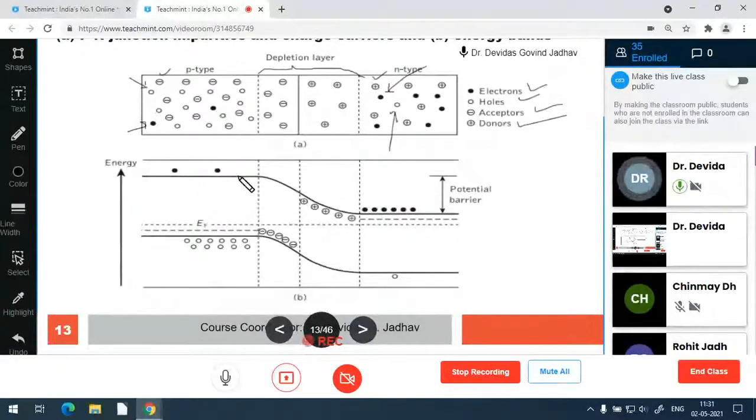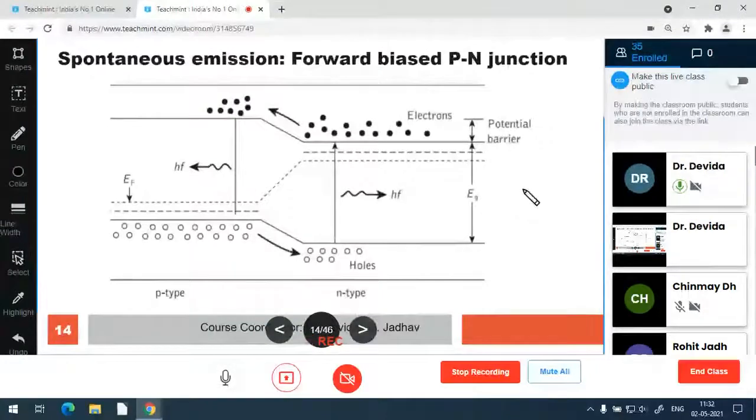P-type has a higher conduction energy state and N-type has a slightly lower one, and the difference is the potential barrier. Electrons in N-type have this energy level, and if they want to go into P-type, they have to gain this much potential barrier amount of energy, and this can be supplied by applying forward bias.